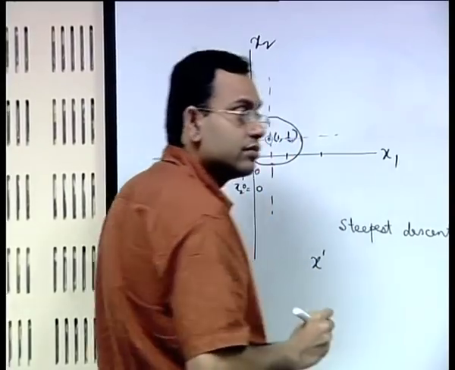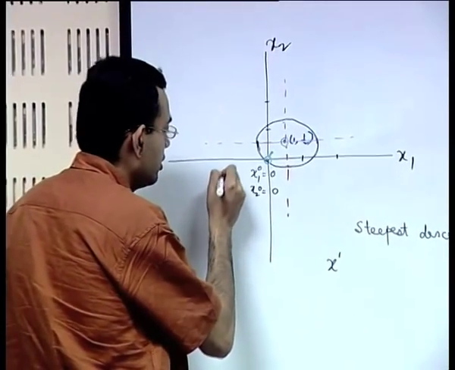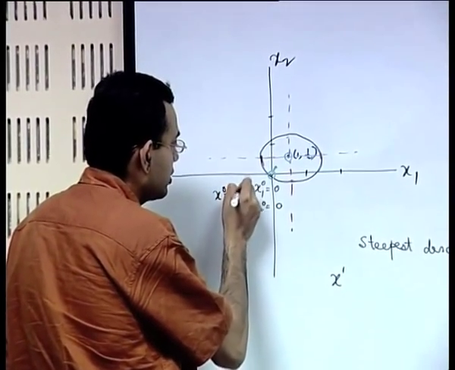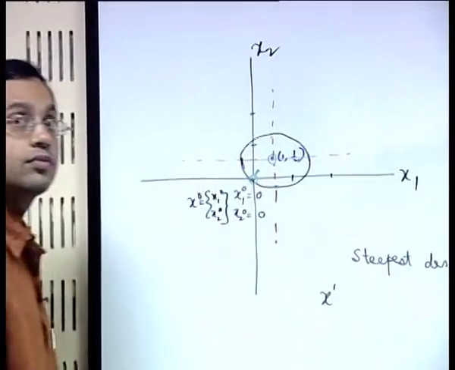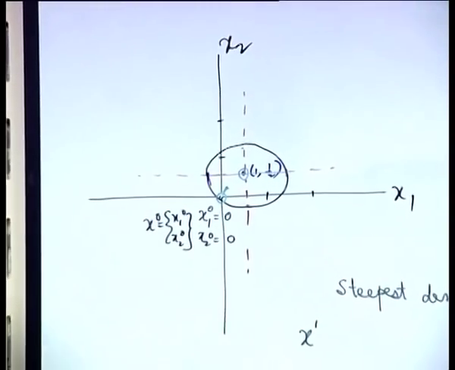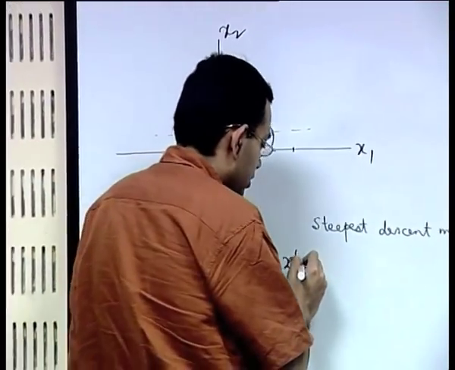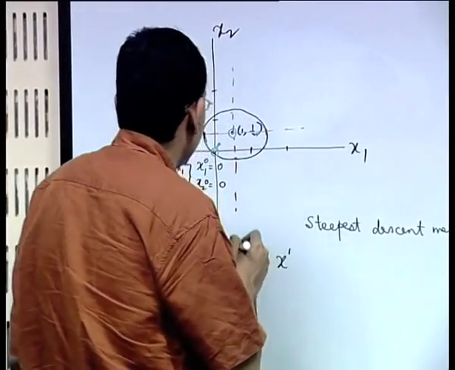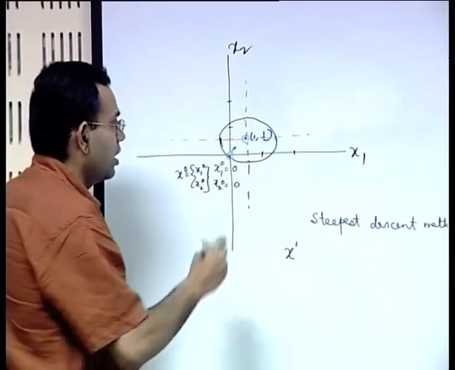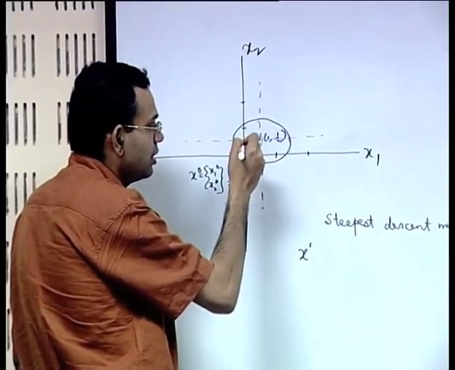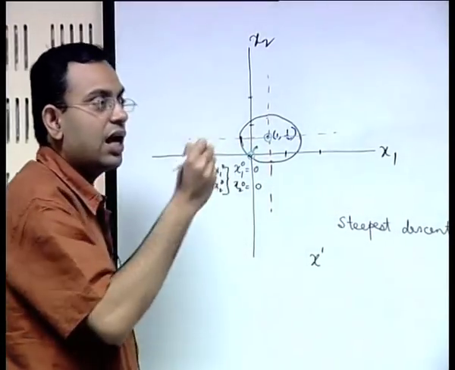Here x0 means the vector x1(0) and x2(0). Now x1 is a point in this plane, x0 is another point, and the direction from x0 to x1 is along the gradient of f.